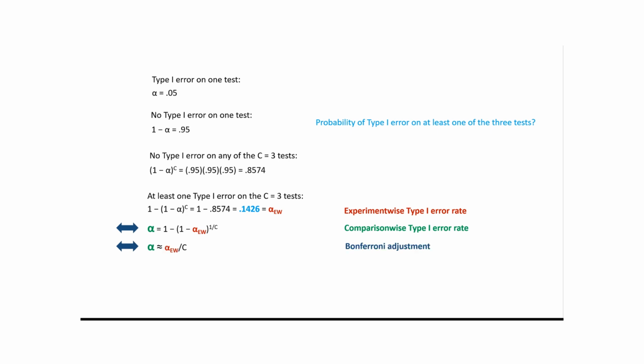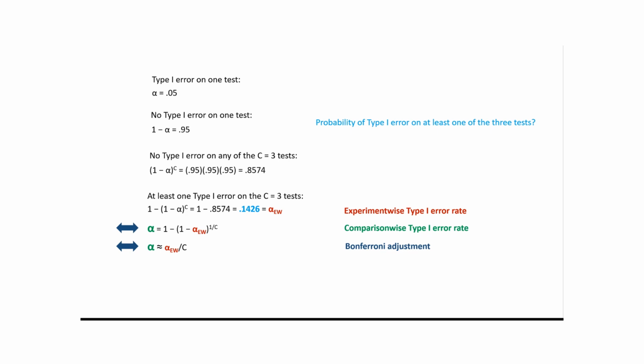And this expression over here gives us the approximate level at which we will need to set our comparison-wise type 1 error alpha to restrict our experiment-wise type 1 error to a specific value alpha EW. So this is referred to as the Bonferroni adjustment.